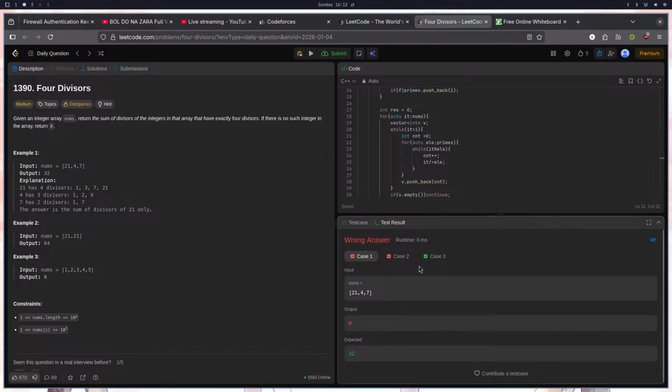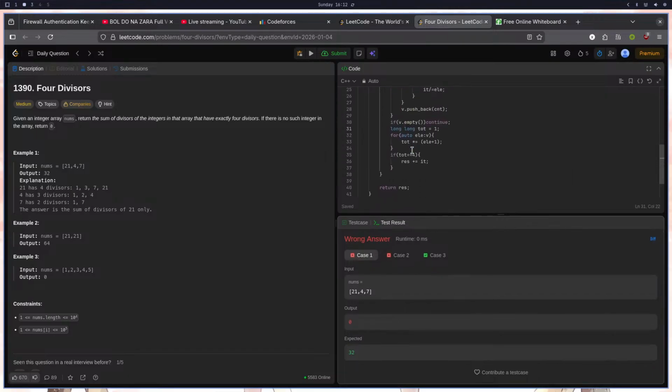And then the char primes to push back i.